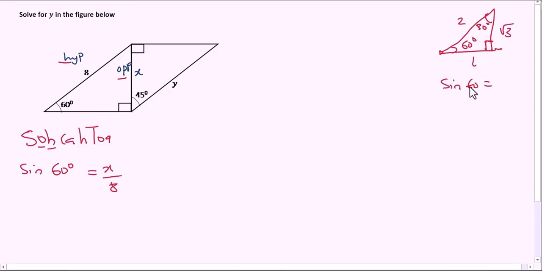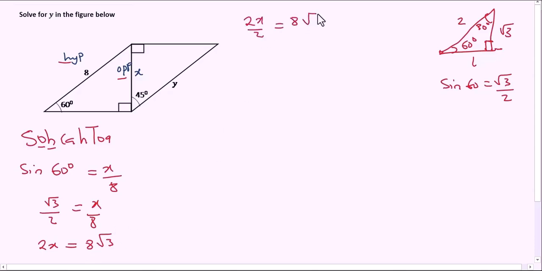Sine is opposite over hypotenuse, root 3 over 2. So root 3 over 2 is equal to x over 8, such that we'll have 2x is equal to 8 root 3. Okay, let's divide both sides by 2. 2's cancel out and x is equal to what? 4 root 3. So that's the value of x, 4 root 3.